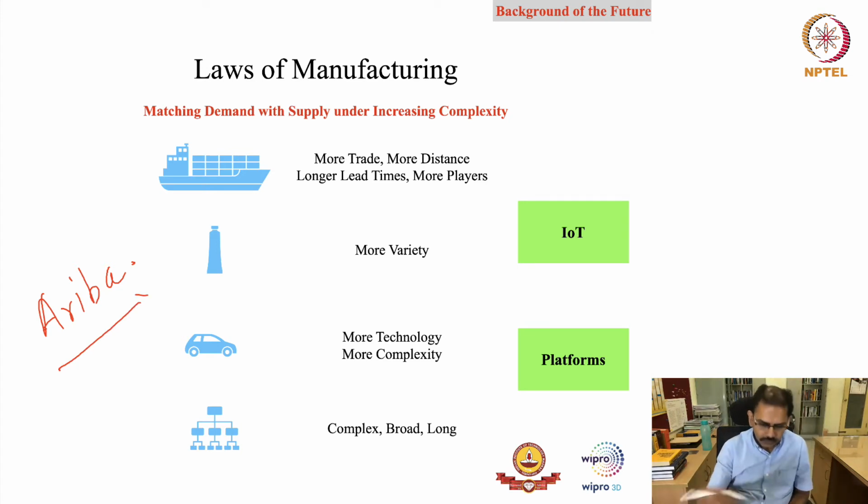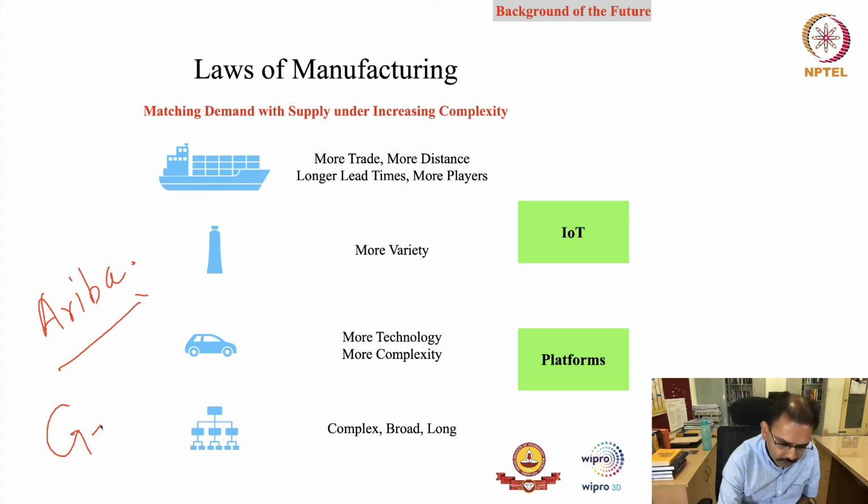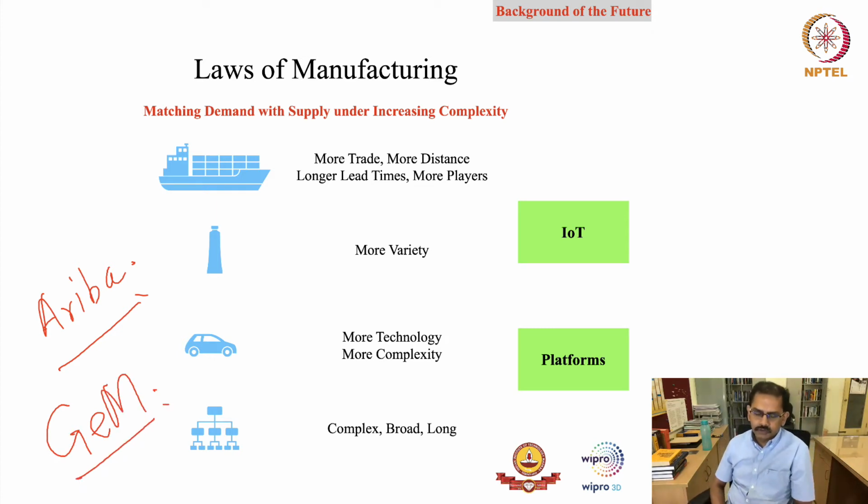In fact, in India we have this government e-marketplace, right? So these are nothing but procurement platforms, right? Which in the future may be true for manufacturing setting also, that I don't need anything. I have a manufacturing platform where whatever I want should be available, right?